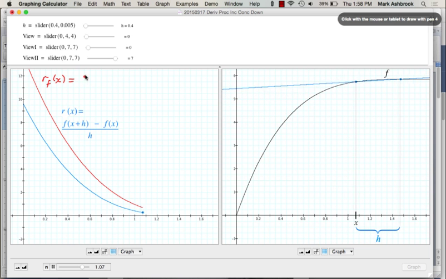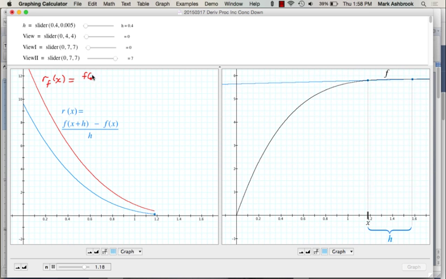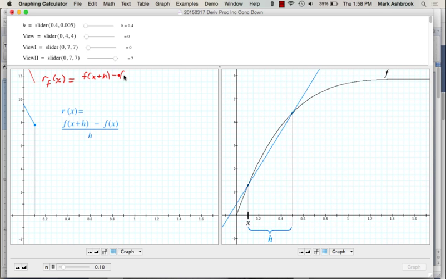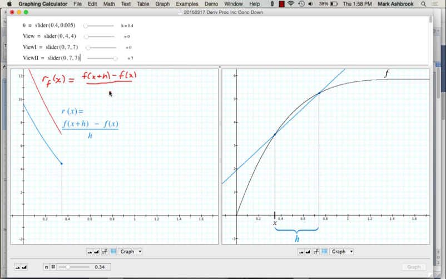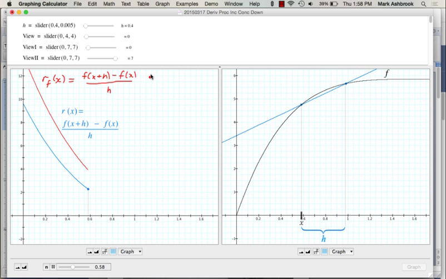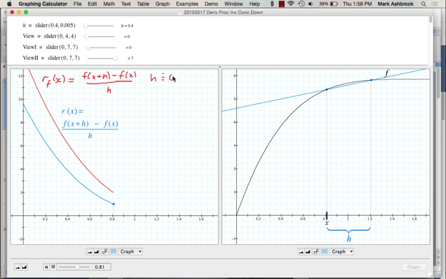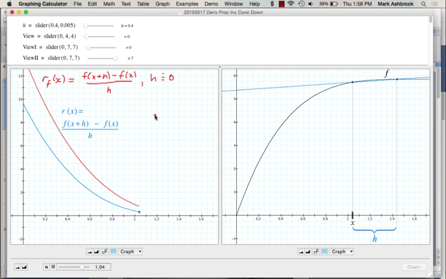Okay, so the point is that we're doing the exact same thing. We're still taking the change in y. But now h is essentially 0. It's essentially 0.